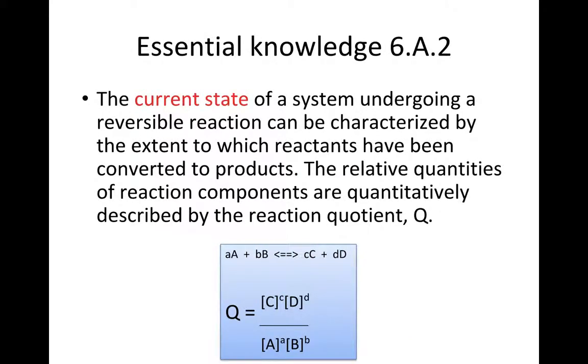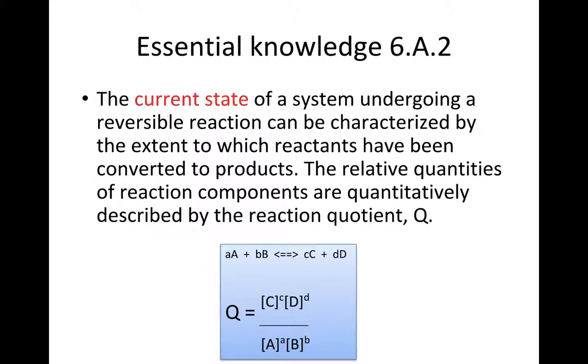Now, it's important to understand that when we are looking at one of these equilibrium situations, we would like to know whether or not we are at equilibrium. As you recall, at equilibrium, the product over reactants equals some constant, the equilibrium constant, capital K. So it's often useful to evaluate whether your products over reactants are equal to K, greater than K, or less than K. So that's what we do: we determine the current state of the system undergoing the reversible reaction.